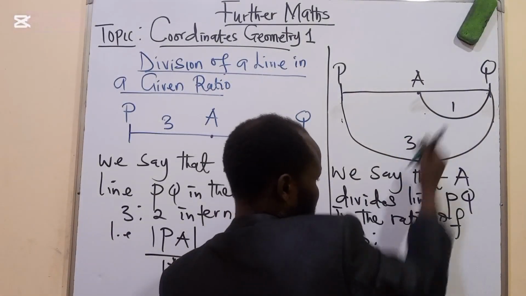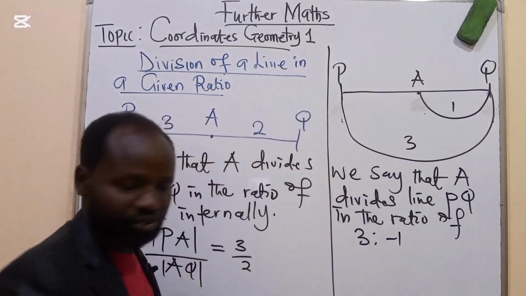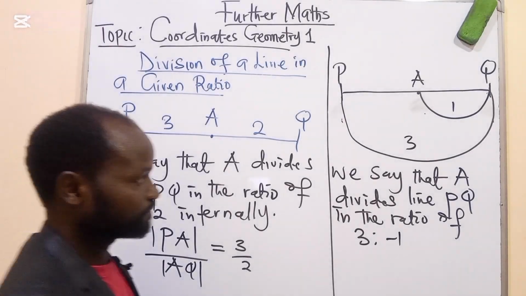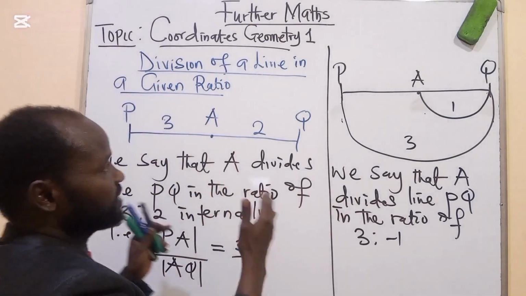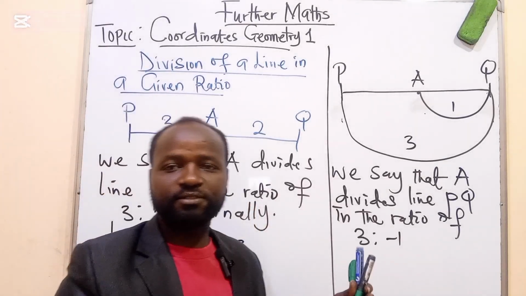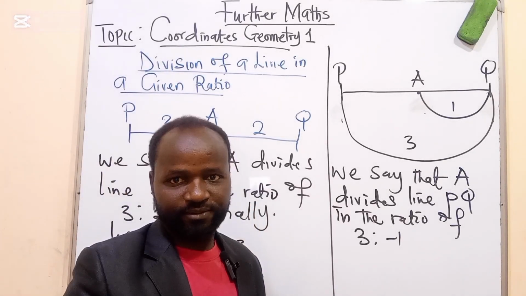So this one would be minus. That would be 3:-1. Very important.